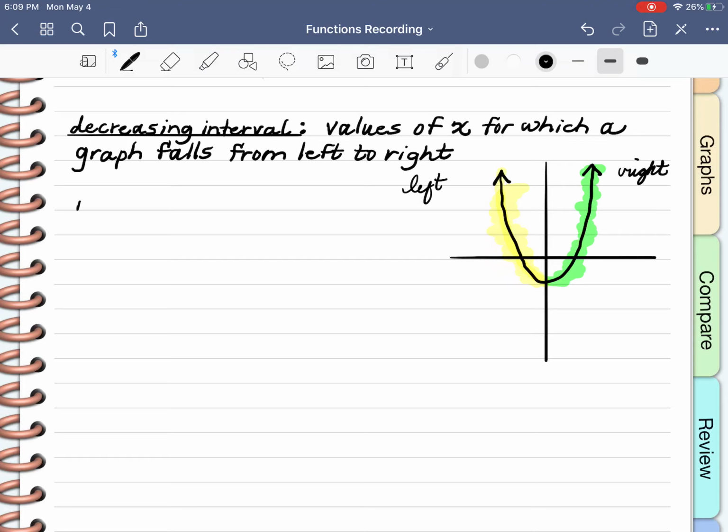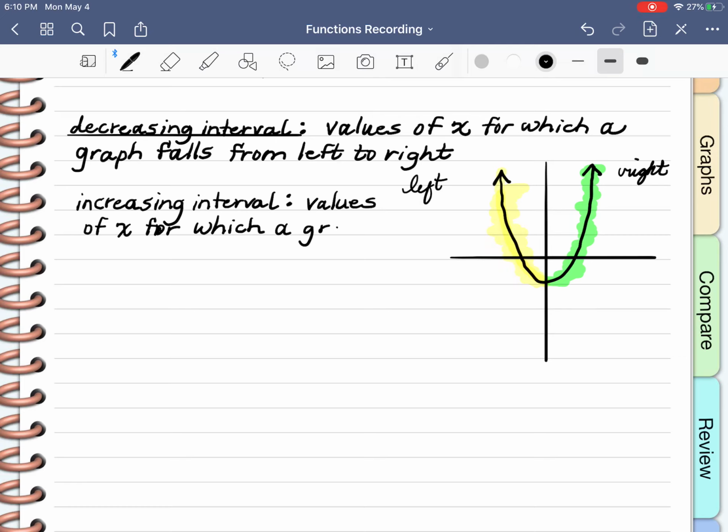And I'm just going to go ahead and give you that definition right here. So these would be values of x for which a graph rises, increases from left to right.